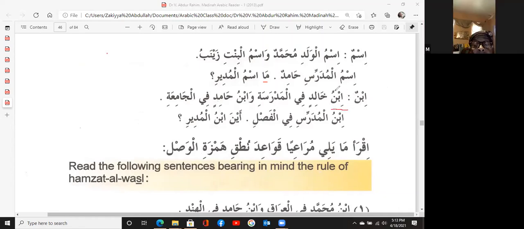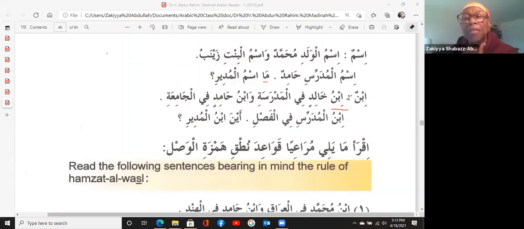You see it has a dhamma on it. There's no alif lam, right? You look at your second word. It's in genitive case. You're going to ask yourself, why would a word be in genitive case?